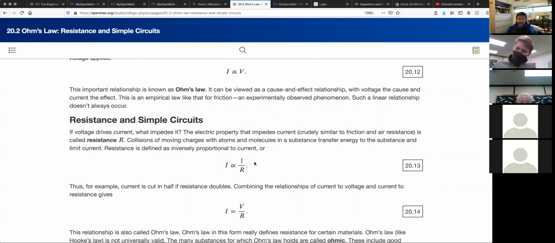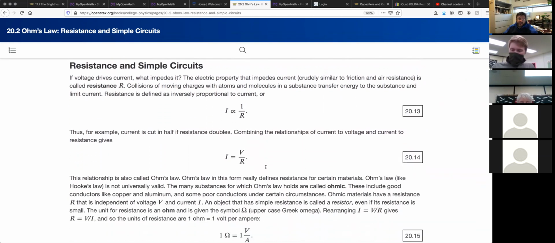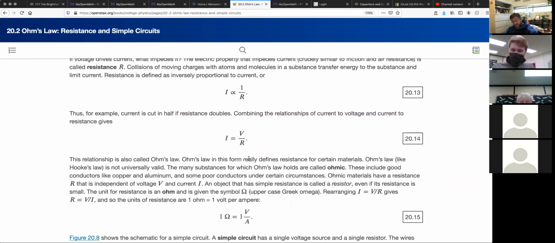And from those two relationships, he combined the two and came up with this law that actually works very well: the current is equal to the potential difference across the circuit, or the voltage across the circuit, divided by the resistance in the circuit, where resistance has to do with how much the particular material the circuit is made of does not allow electrons to go through it. That's what resistance is. Resistance is how much it resists those electrons as they try to go through it.